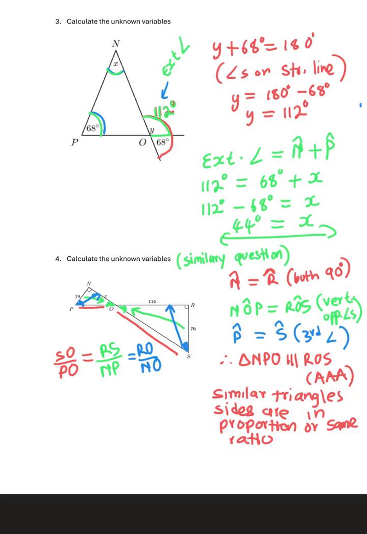We don't have it. What is the value of PO? We don't have it. So we're gonna say SO over PO is equals to, what is the value of RS? It is 76. What is the value of NP? It is 19. What is the value of RO? It is 116. What is the value of NO? It is X. And then we're gonna choose this information.